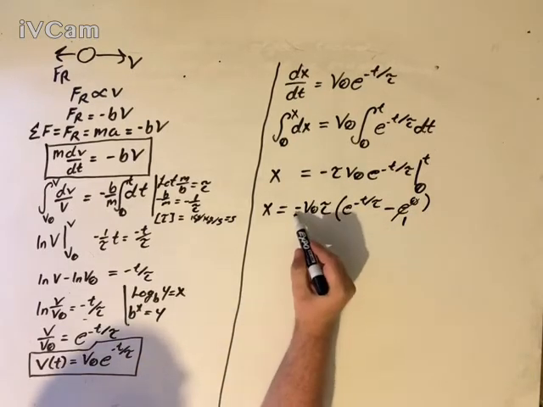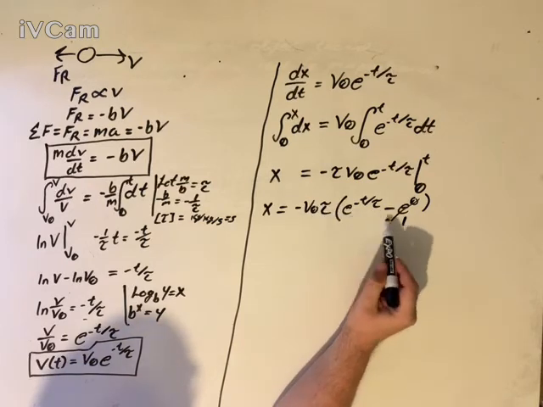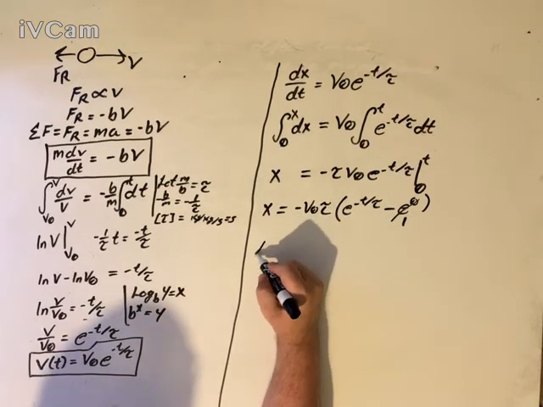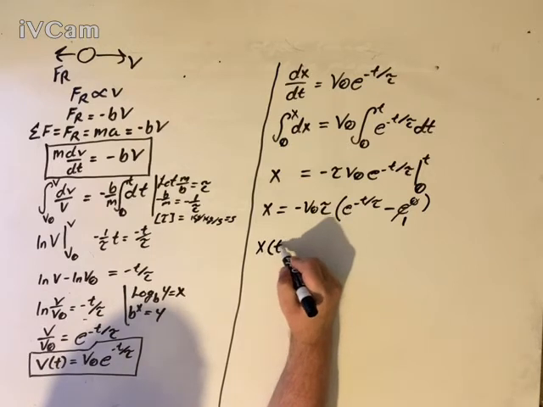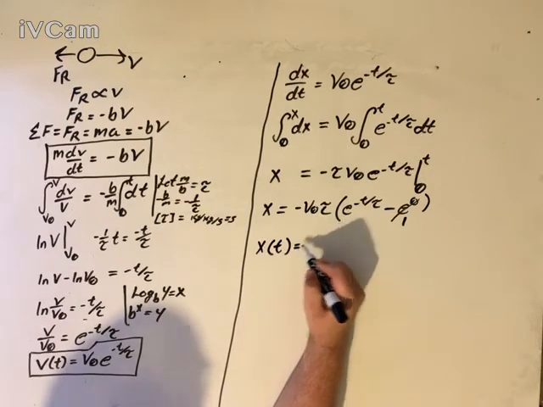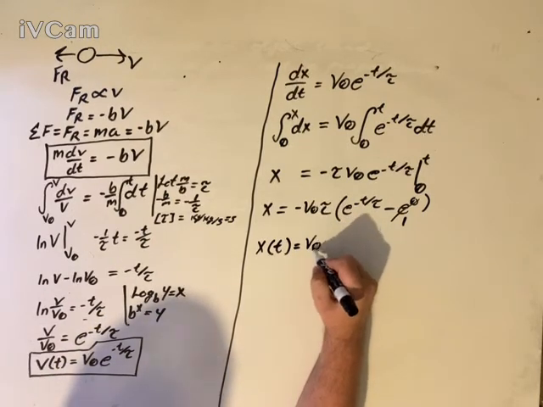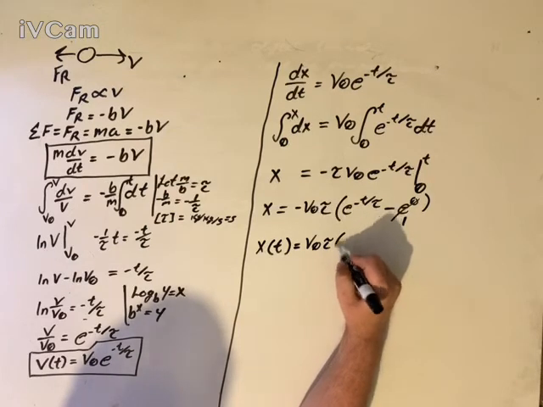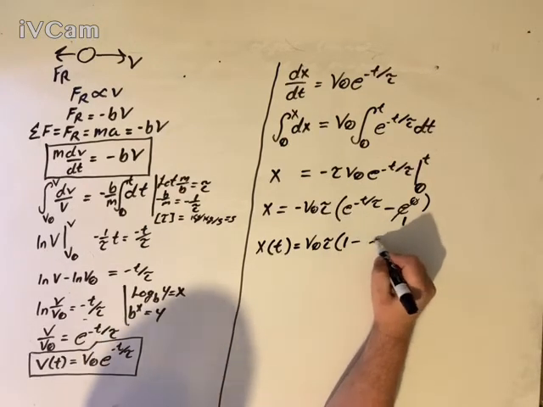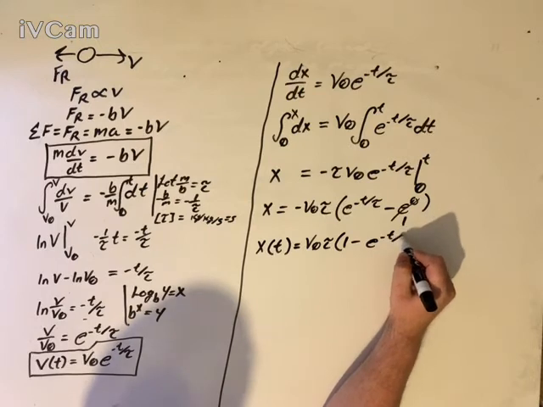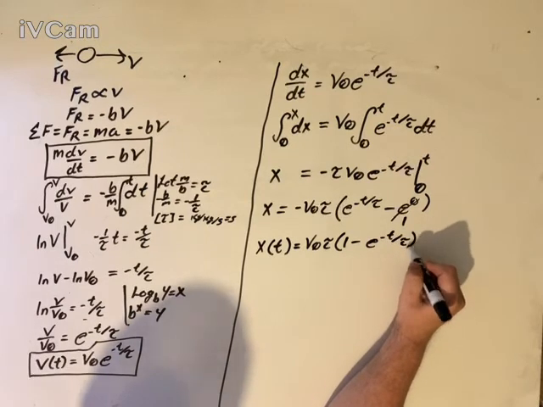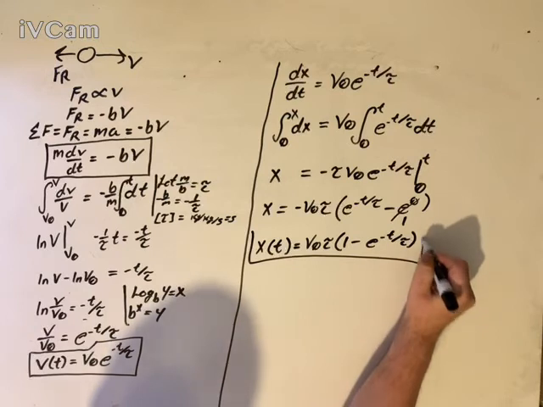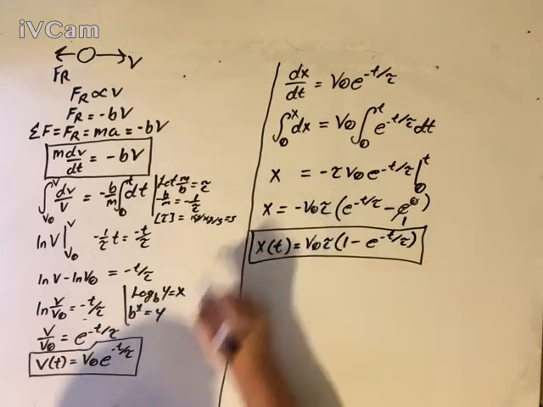I'm going to distribute this negative across this term here, and I have a position function x of t equals v sub o tau times (1 minus e to the negative t over tau). There's my position function. Okay, so I'm pretty close to the end.